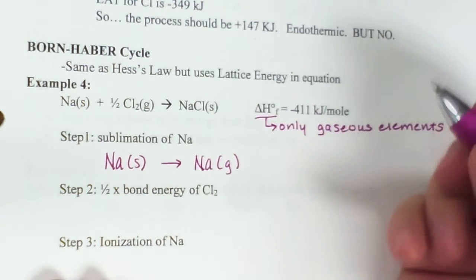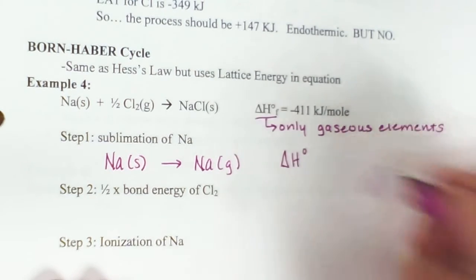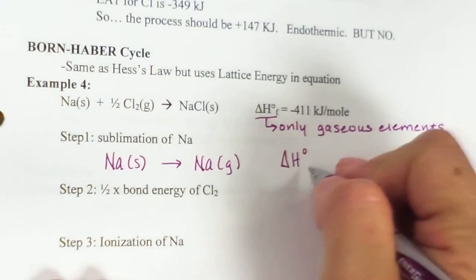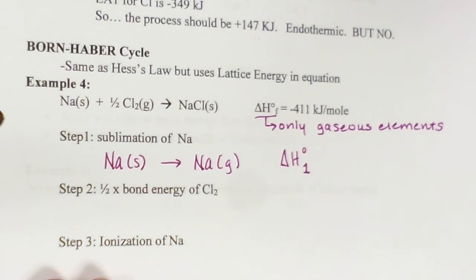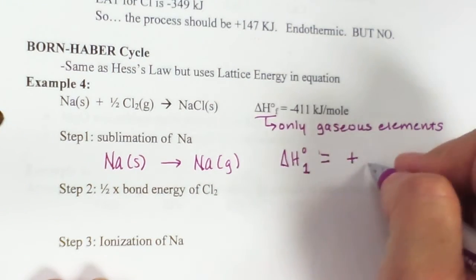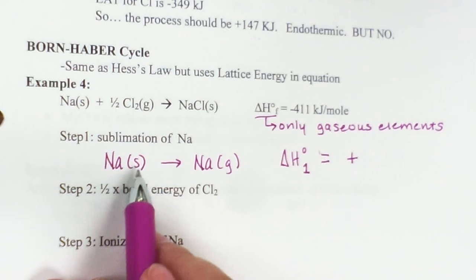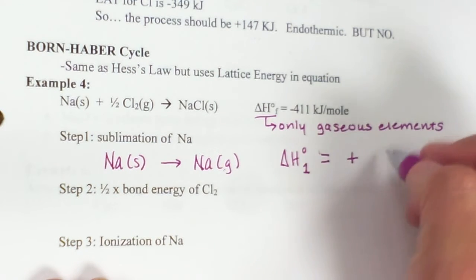And that is going to give you a delta H of step 1, and that's how we'll identify it as step 1. And that is going to be equal to positive because it's endothermic. We're going from a solid to a gas, right? So it's endothermic. 108 kilojoules.